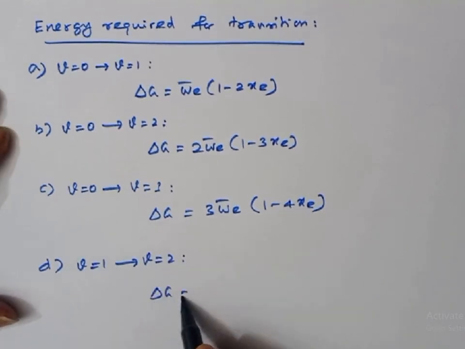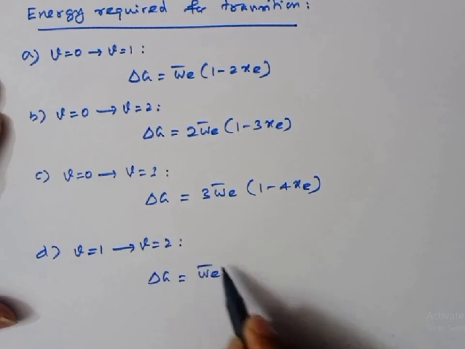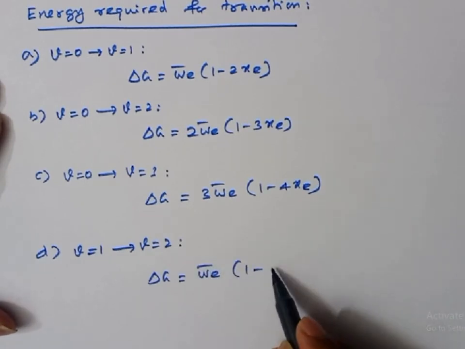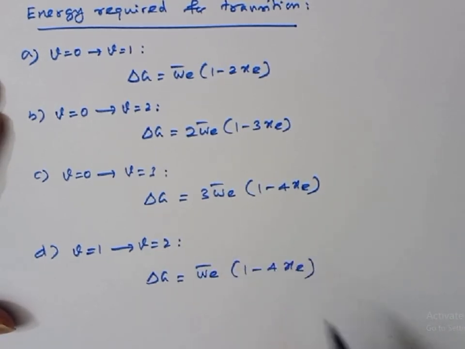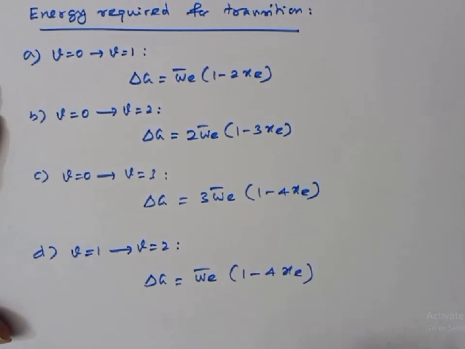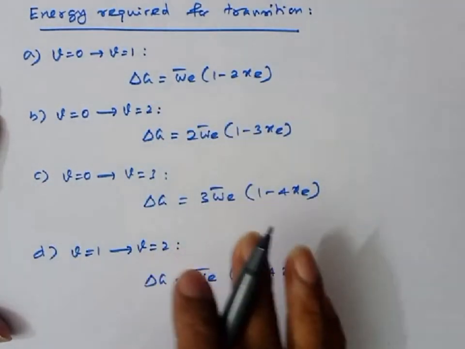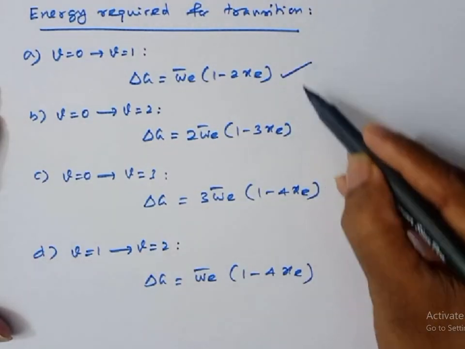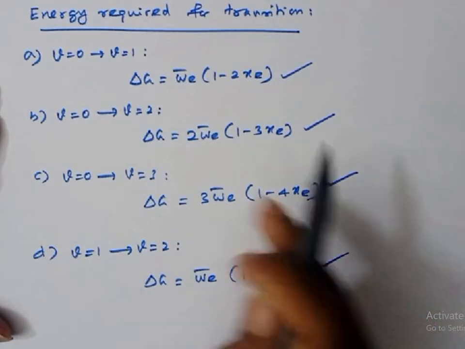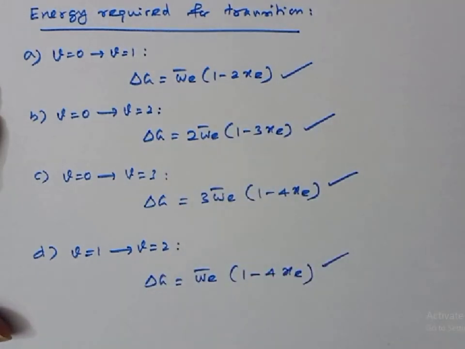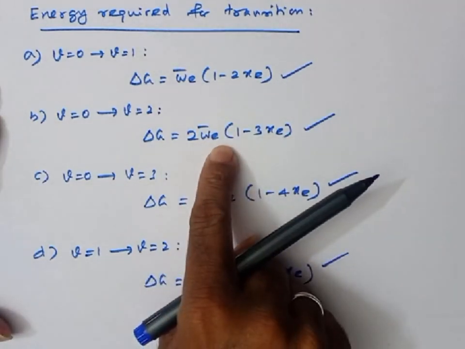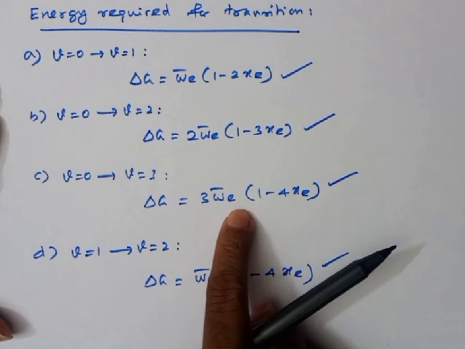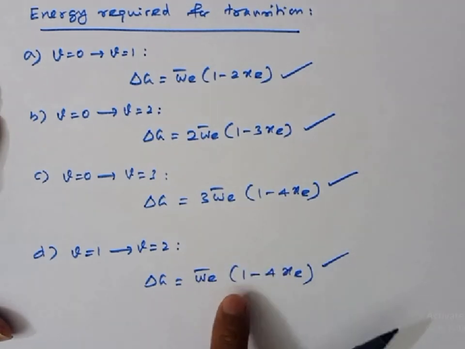The energy required for the first hot transition is omega_e bar into (1 minus 4xe). So these things we discussed in the last class, and remember these expressions: the energy required for the fundamental vibrational transition, the first overtone transition, the second overtone transition, and the first hot transition.